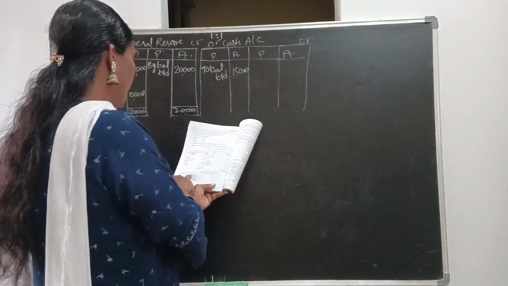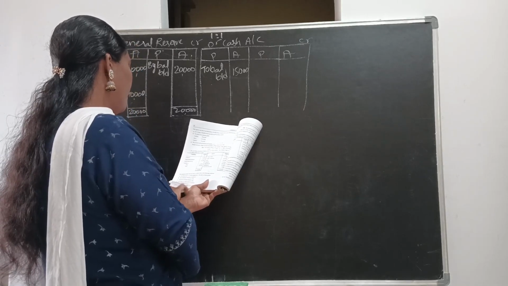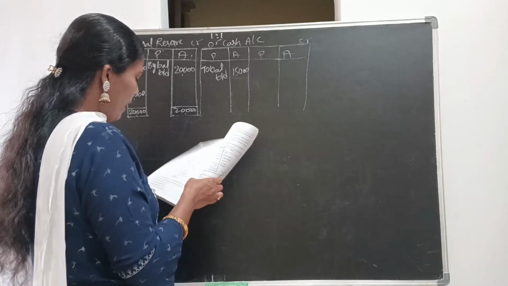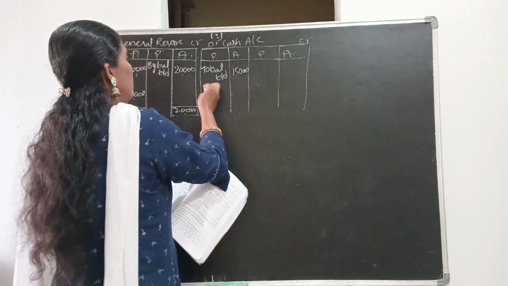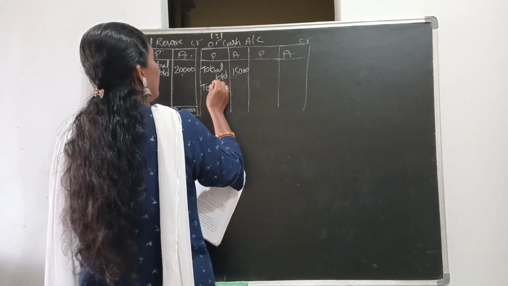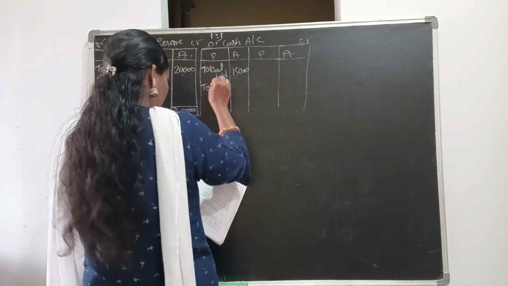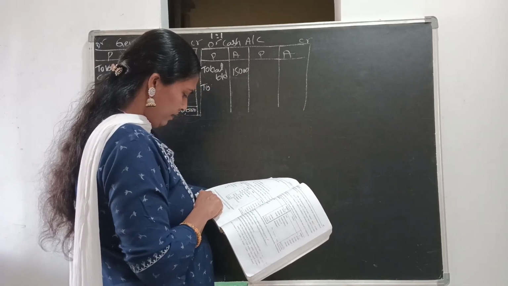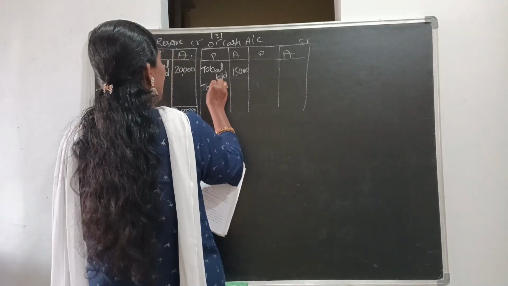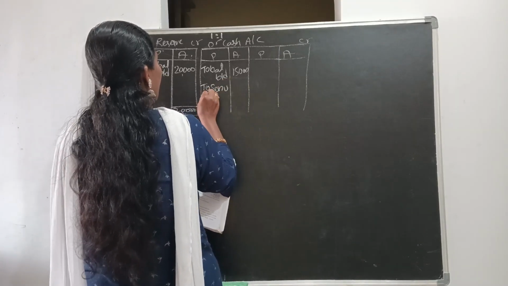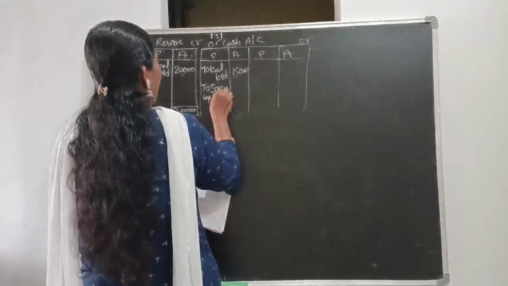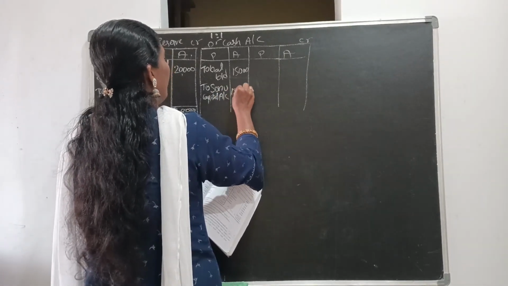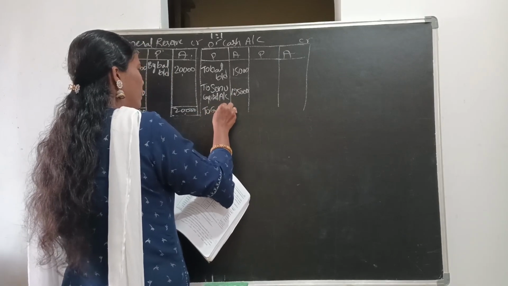Now the capital brought by the new partner is 1,25,000. What is the name of the new partner? Sonu is the new partner. So to Sonu's capital account, the amount is 1,25,000.